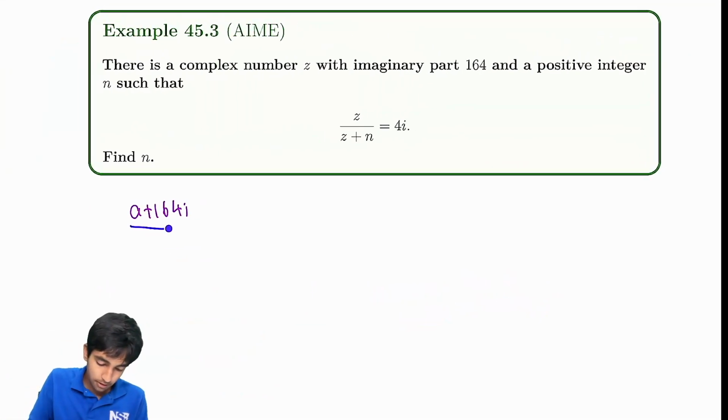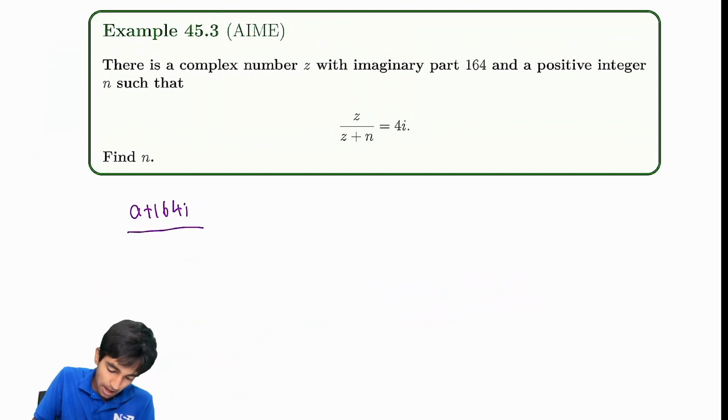In this problem, we are using the second strategy, a plus 164i, all of this divided by a plus n plus 164i equals 4i.